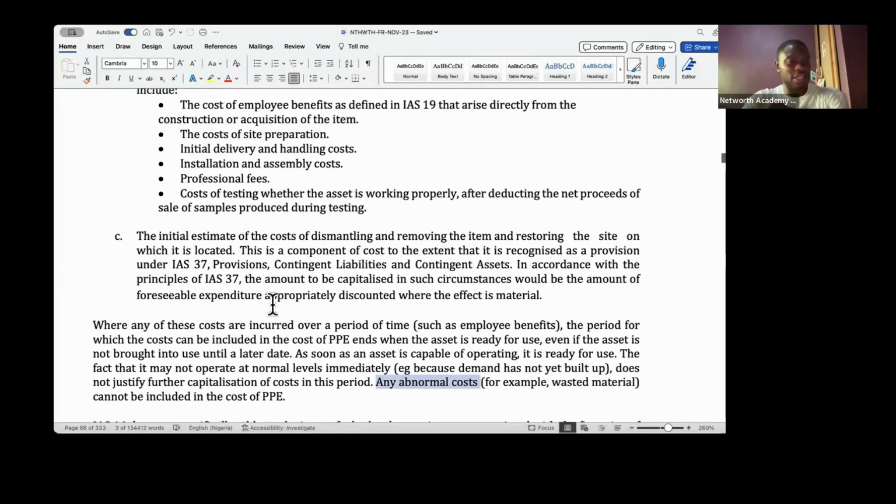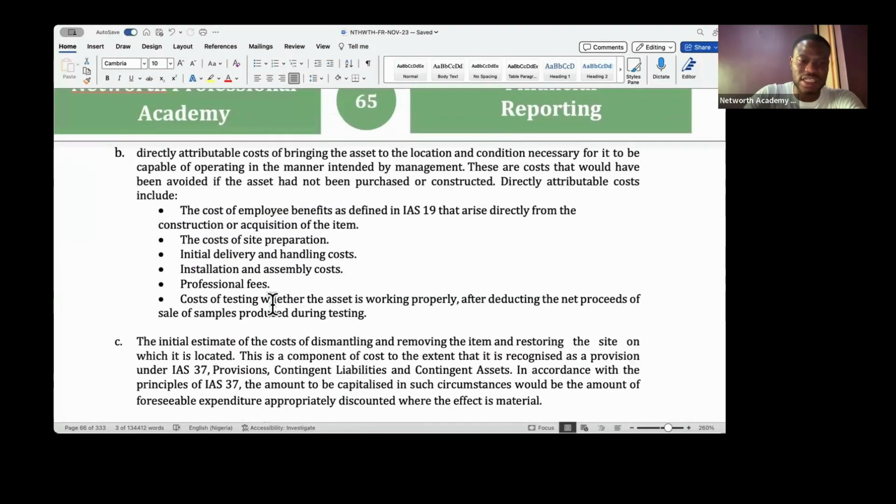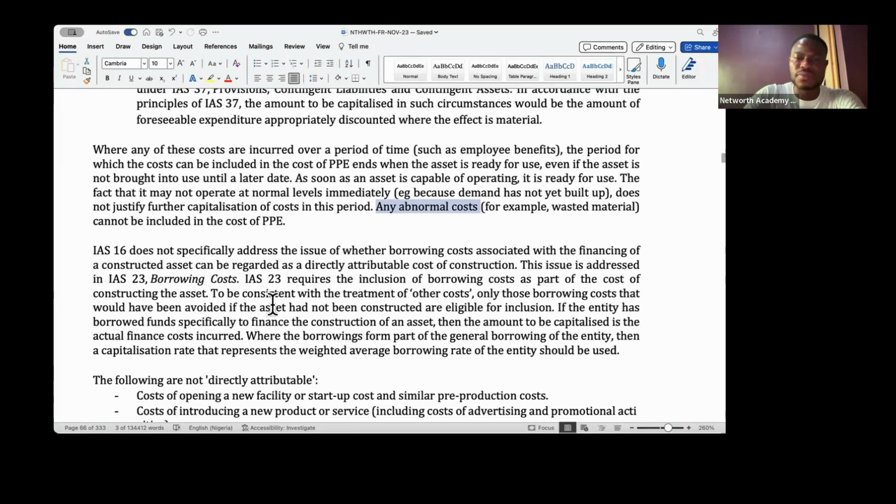And there is one other thing, though IAS 16 majorly mentioned the A, B, and C that I've mentioned here. However, there's something we call borrowing costs associated with financing a constructed asset, which means that if you had borrowed money from, let's say, a bank to buy or to construct an asset, IAS 23 states that, I will still teach you, but I just want to introduce it to you because you might need it later when you are practicing some questions.